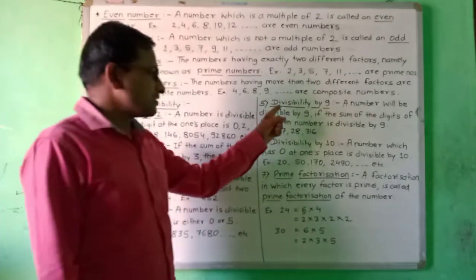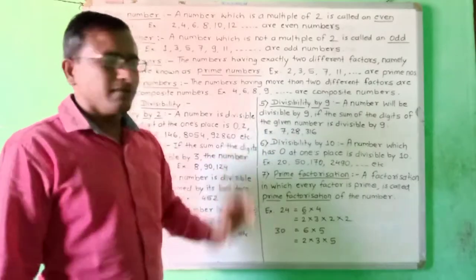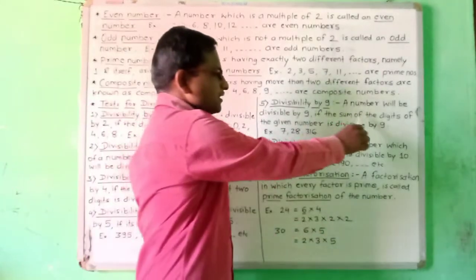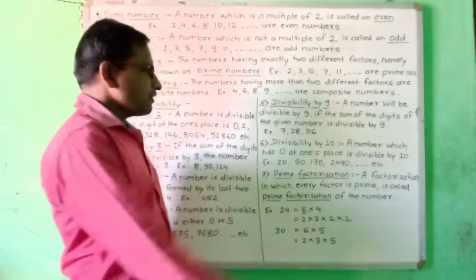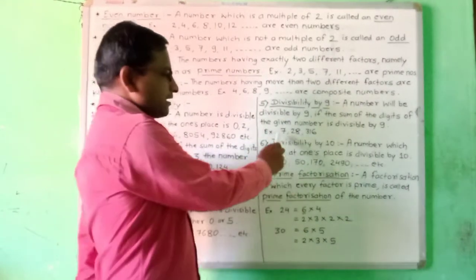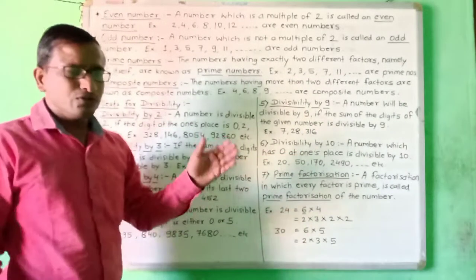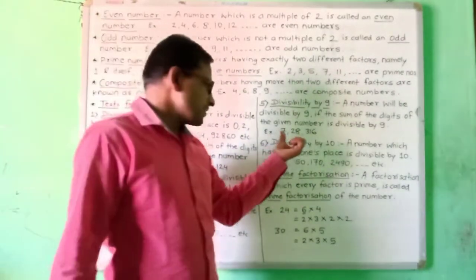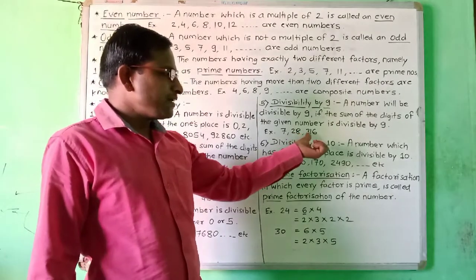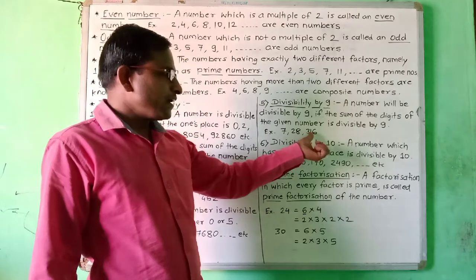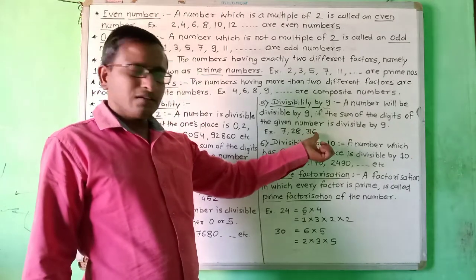So next test, divisibility by 9. A number will be divisible by 9 if the sum of the digits of the given number is divisible by 9. See here example 728,316. First you add all the digits. 7 plus 2, 9. 9 plus 8, 17. 17 plus 3, 20. 20 plus 1, 21. 21 plus 6, 27.